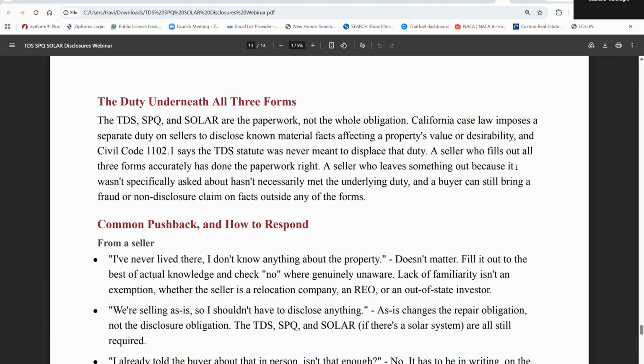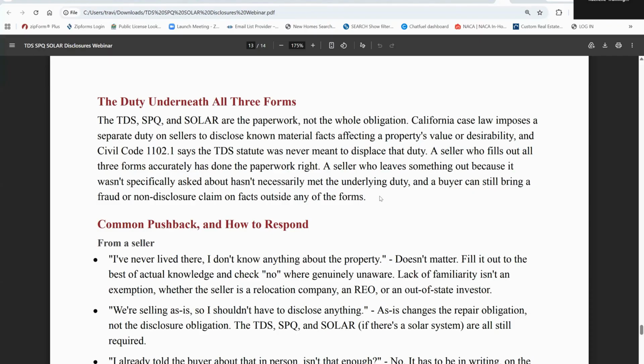A seller who fills out all three forms accurately has done the paperwork right. A seller who leaves something out because it wasn't specifically asked about hasn't necessarily met the underlying duty, and a buyer can still bring a fraud or non-disclosure claim on facts outside of any forms.